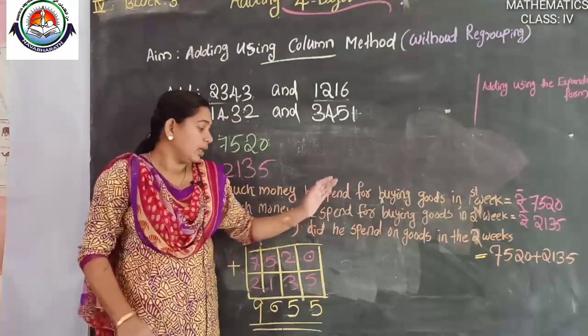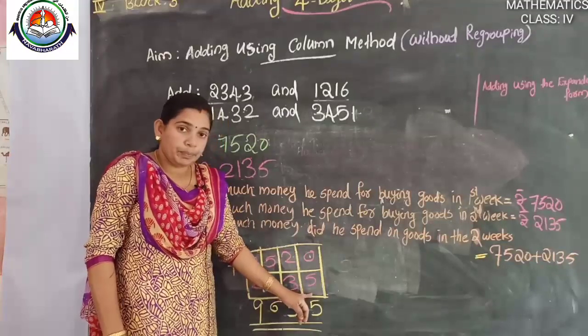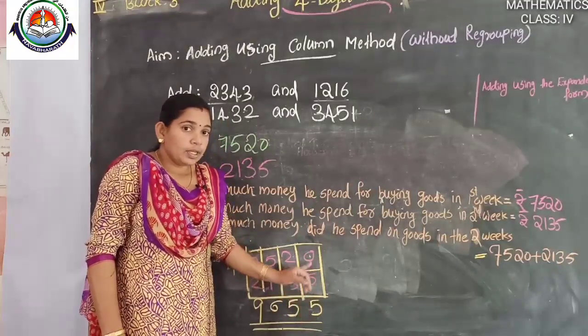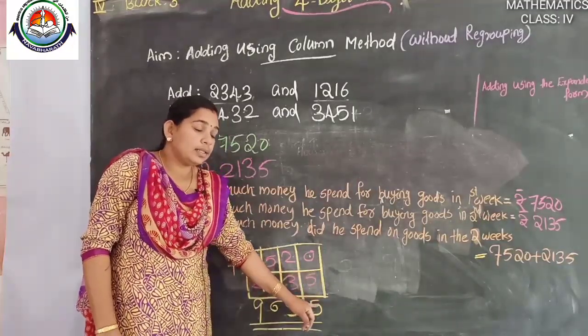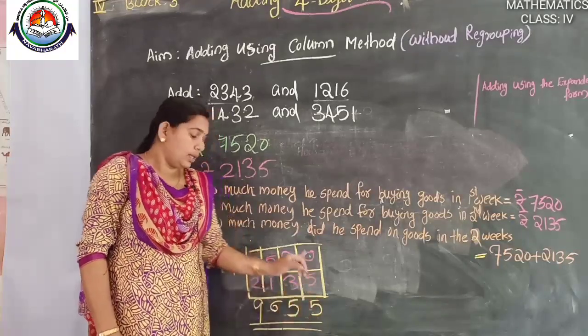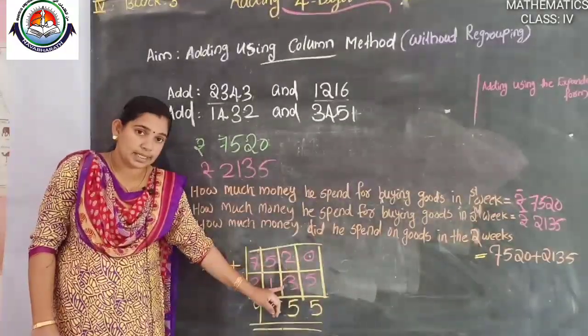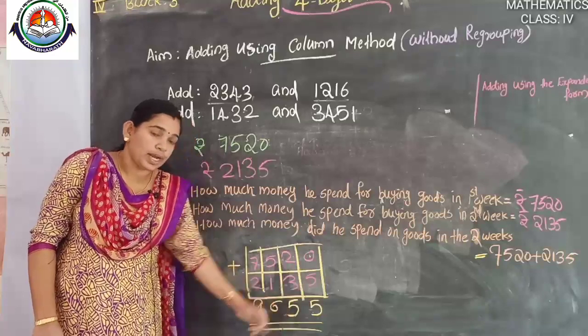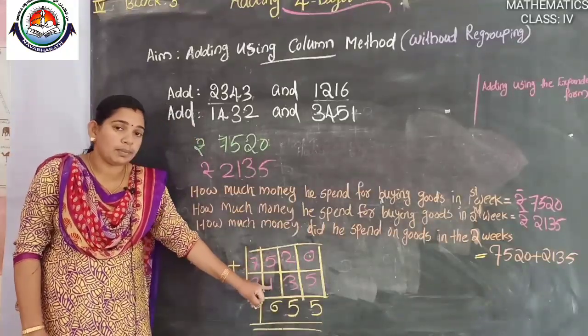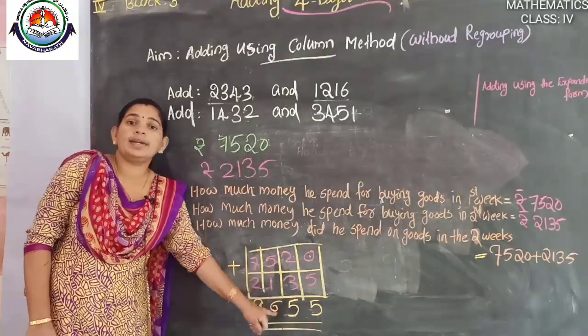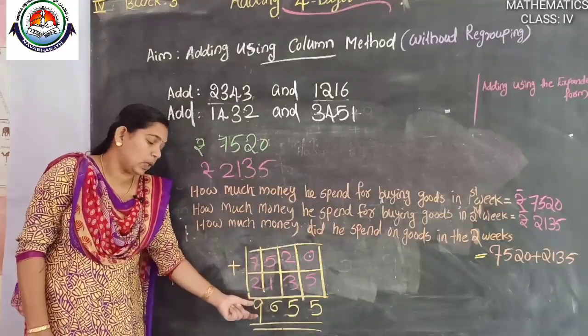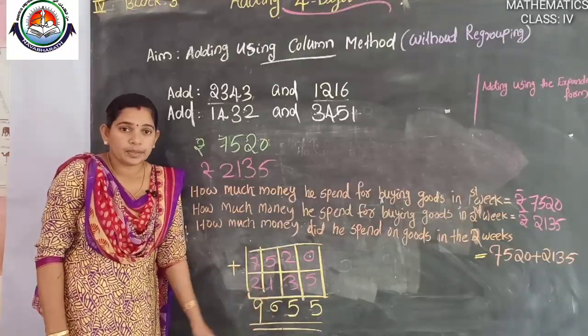Then in each column, right side first, you are adding the digits and writing down. Second tens place that you are adding, you write down. Third column you are adding and write down. And fourth column you will get the answer.